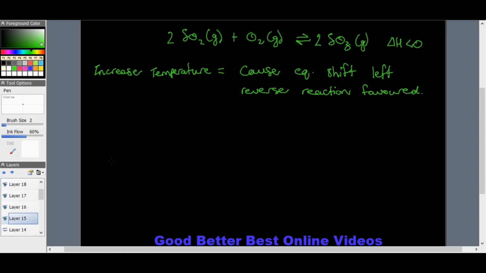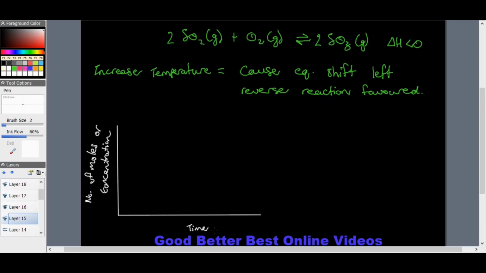So, if I draw a graph of the concentration, okay, so this is either the number of moles or concentration on the y-axis, and then on the x-axis we obviously have time, but it's in minutes, not seconds.